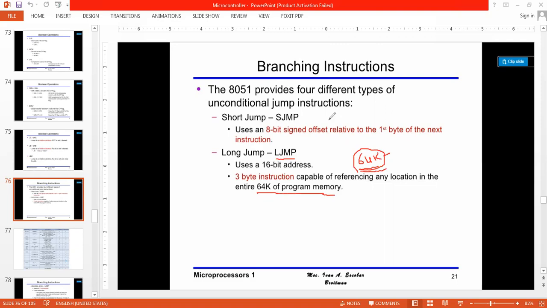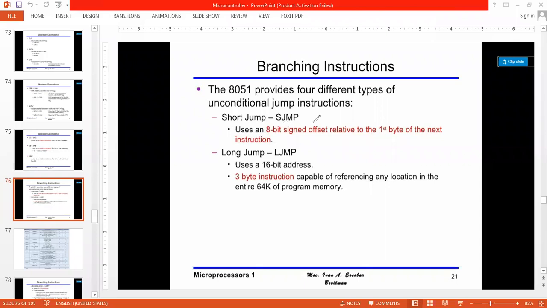It is like SJMP is local and LJMP is going to be standard. So these are unconditional jumps.